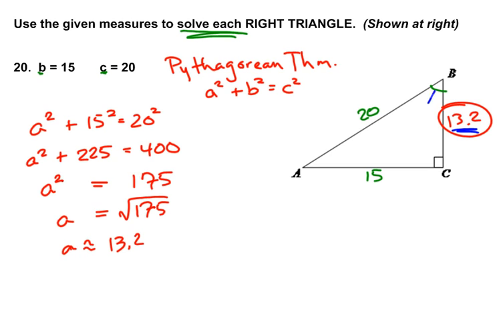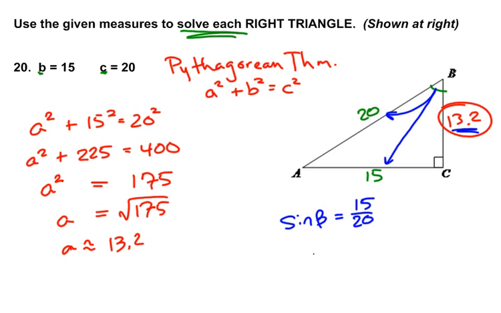So we have the opposite leg and we have the hypotenuse, so that would be sine. And we know that the sine of angle B is equal to 15/20. And again, like we mentioned before, if we are finding an angle, we're going to want to do the arc sine of the function.